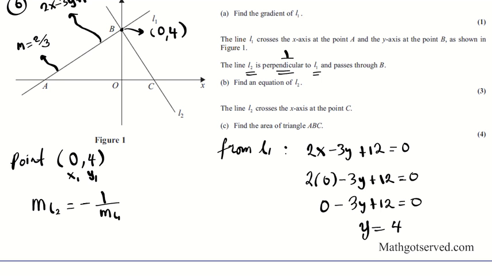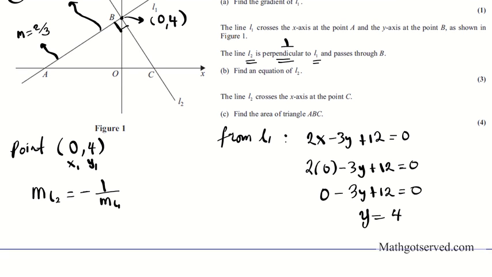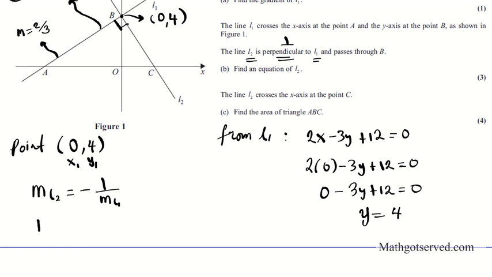We already determined that the slope of L1 is 2/3, so the gradient of L2 is equal to negative 1 over 2/3.